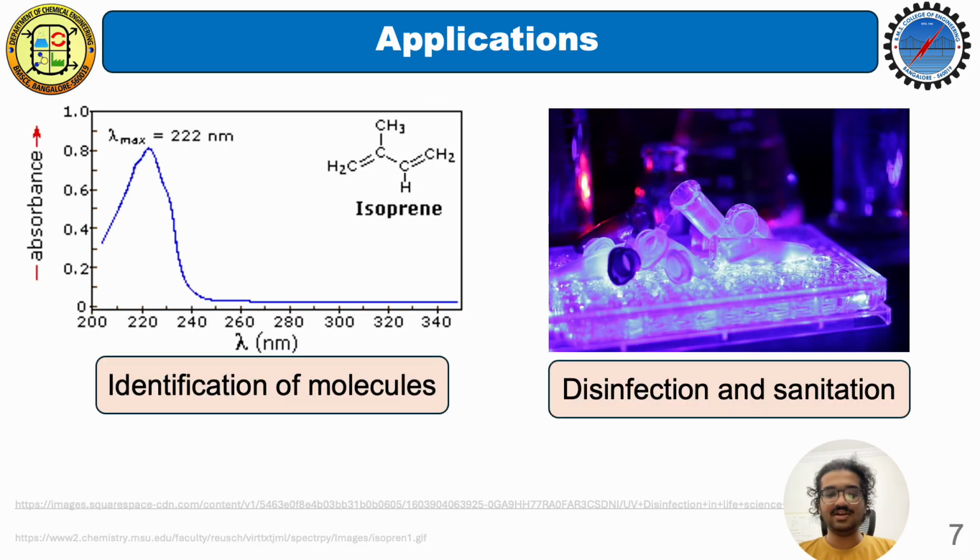Apart from the identification of molecules as a function of their minima and maxima values of absorbance plotted against their wavelengths or frequencies, UV spectral region radiation can also be used for disinfection and sanitation of various laboratory surfaces and apparatus.